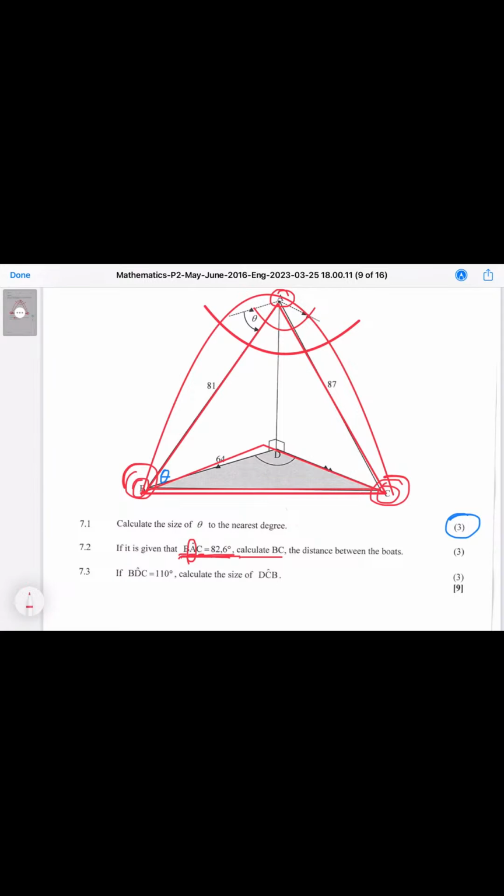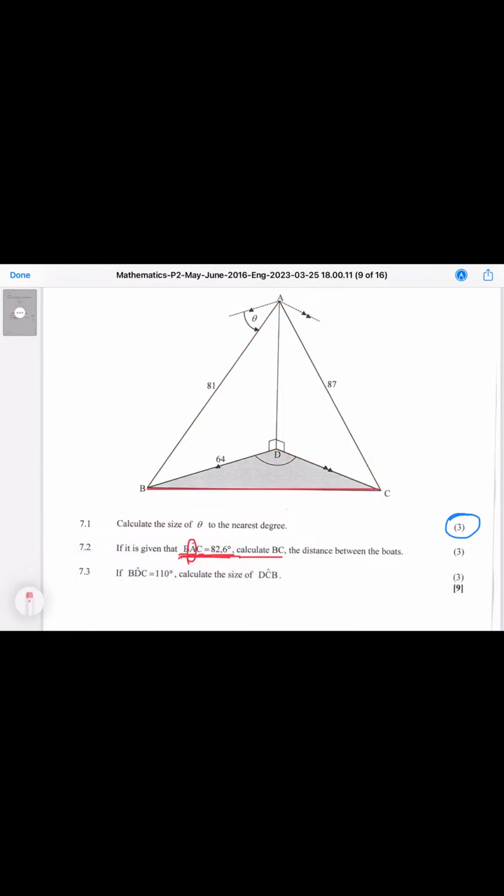Most importantly, for you to know whether you need to use a trig ratio or one of the rules, being the cosine rule or the sine rule, it depends on the nature of the triangle that you're dealing with. Maybe very quickly let me explain this, even though it's explained in one of my previous live lessons.